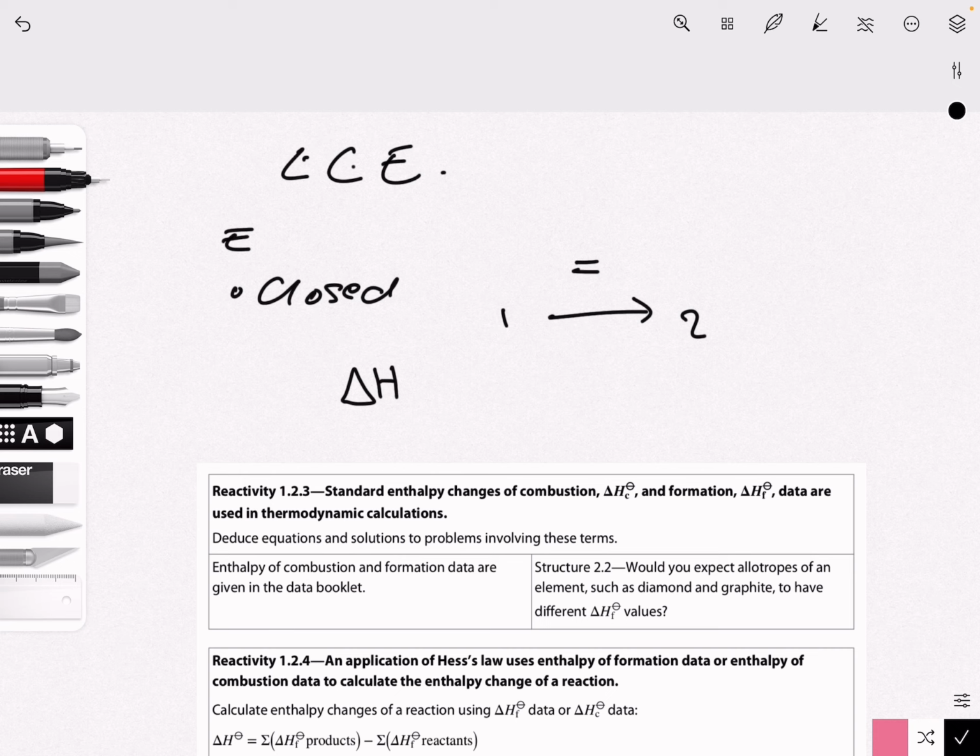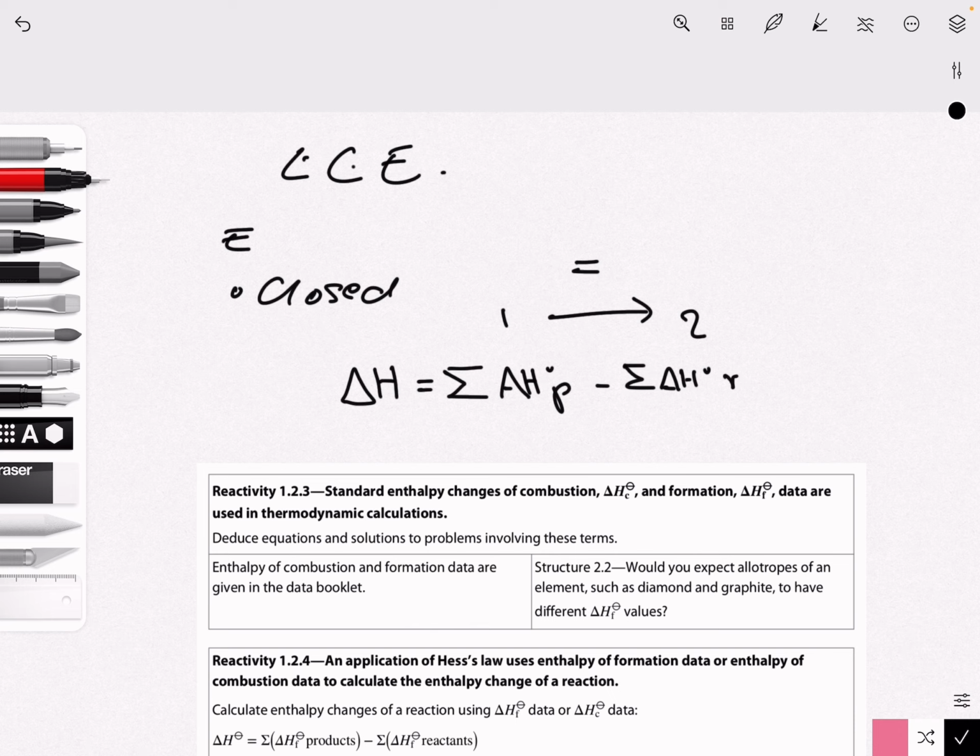So let's get to actually getting out the equation. So Hess's law and his equation states that the change in enthalpy is equal to the sum of the change of enthalpy of products minus the sum of the change in enthalpy of reactants.